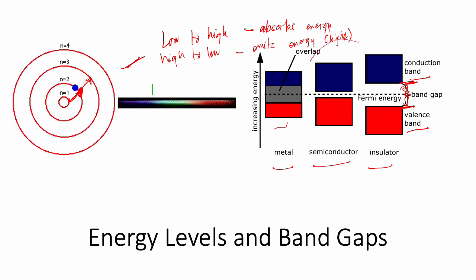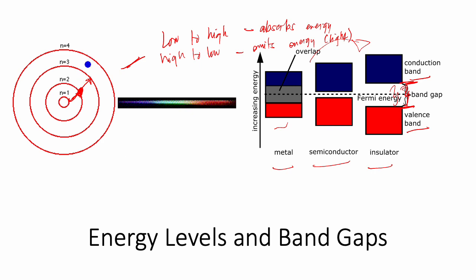On the other hand, the insulator has a large band gap, as you can see here, and this makes electron movement impossible.